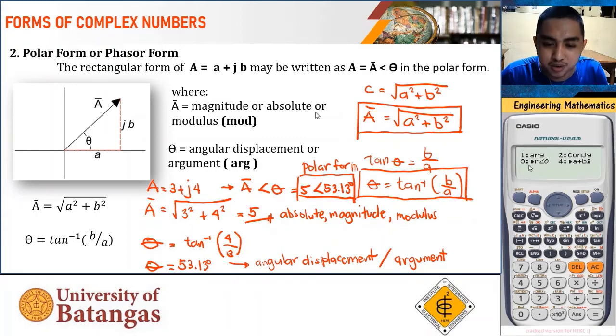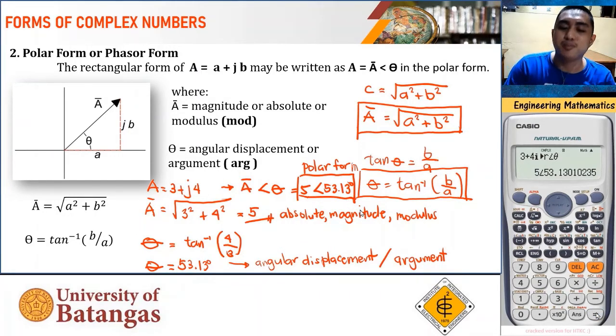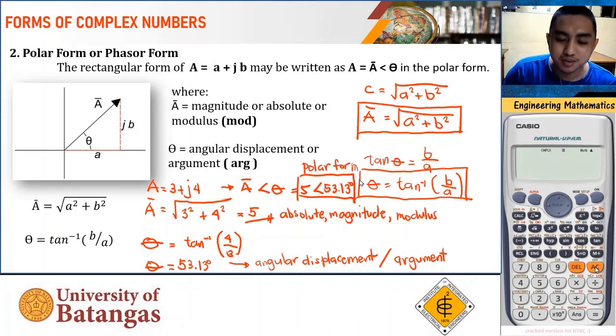So, tingnan nyo yung ating mga mode dito. Para dun sa polar form, mode 3. So, kapag tinari ko ito, mapapapunta siya sa polar form. So, ang magiging sagot natin is 5 bar angle 53.13. Okay. So, paano naman kapag kukunin natin yung ating absolute?